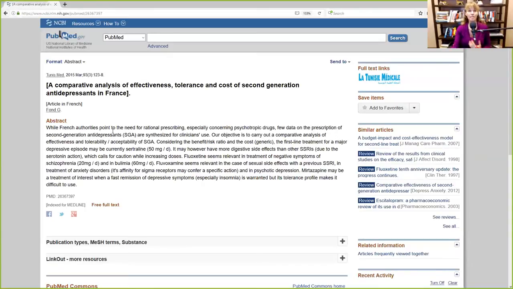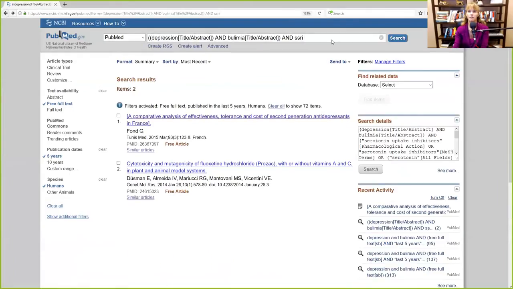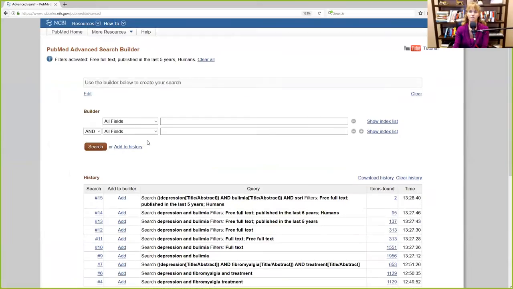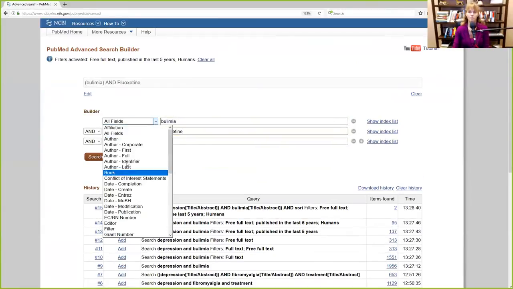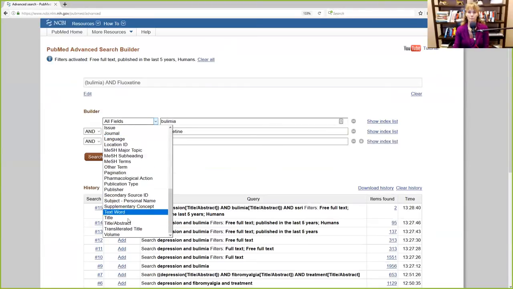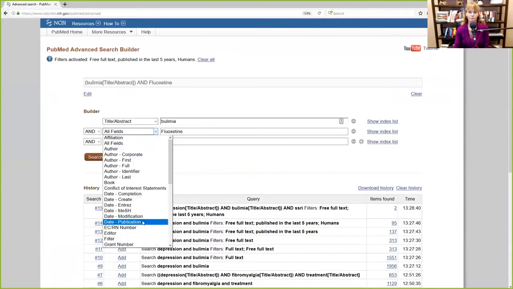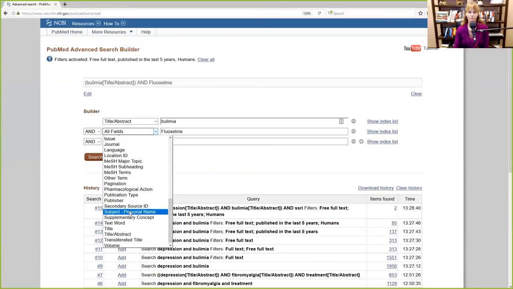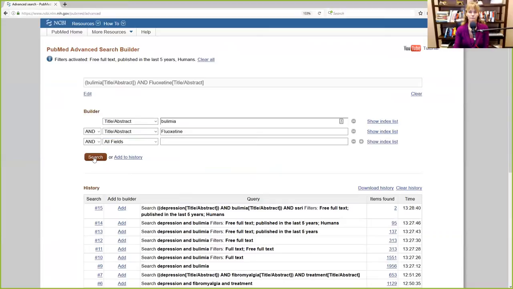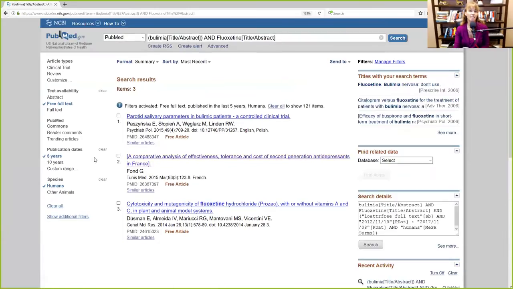So we can probably use this as a launch pad to go back and search maybe fluoxetine, because we know that fluoxetine is used with people with depression, so you're going to come up with a lot of that.